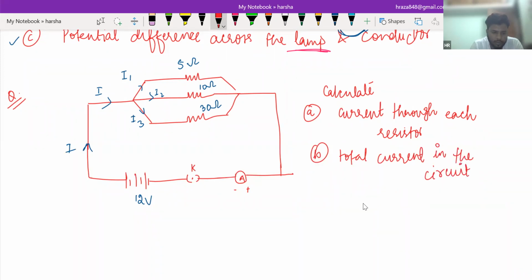And C part is total circuit resistance, that means equivalent resistance. Question is very easy. Total circuit resistance, that means equivalent resistance.